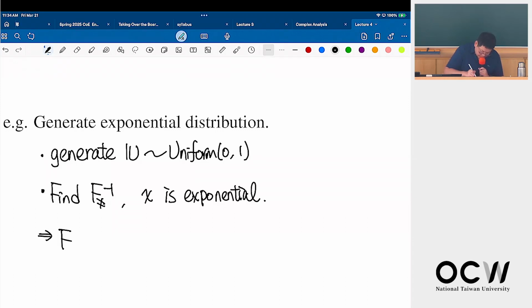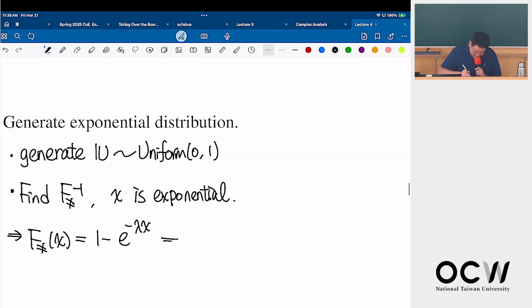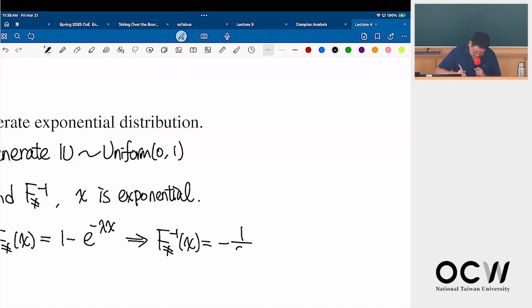So we know if x is exponential, the CDF of x is 1 minus e to the minus lambda x. Then the inverse is minus 1 over lambda natural log of 1 minus x.